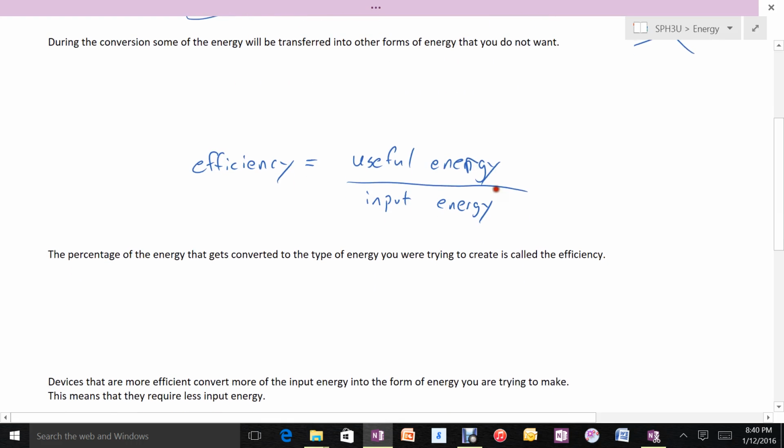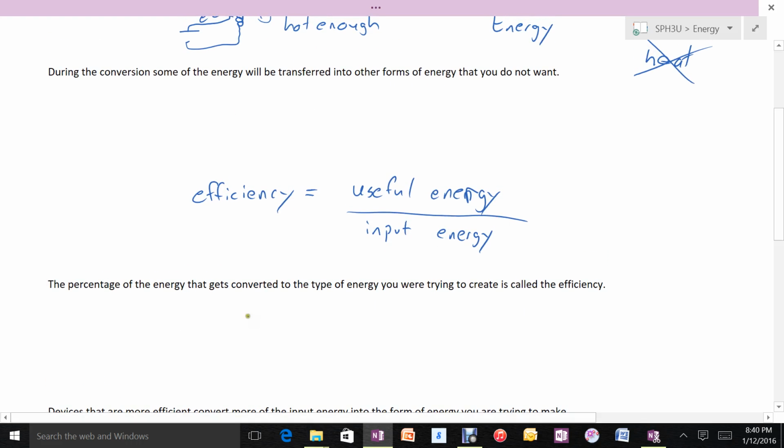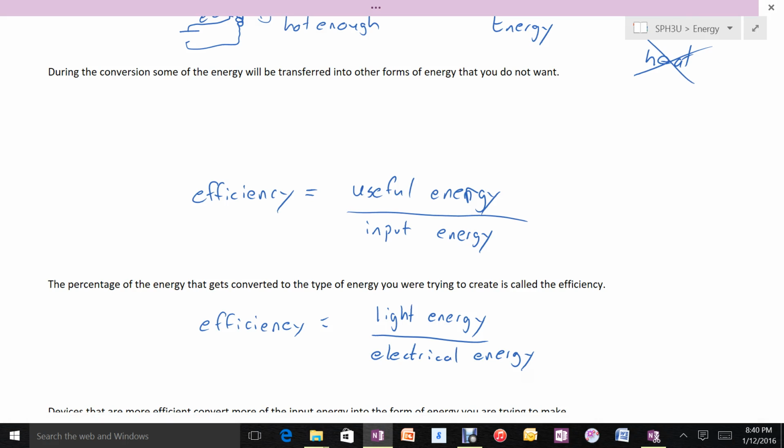In the case of our light bulbs, the efficiency would be the amount of light energy produced in comparison to the amount of electrical energy that was input. Since this amount is always less than 1, we often express it as a percent.